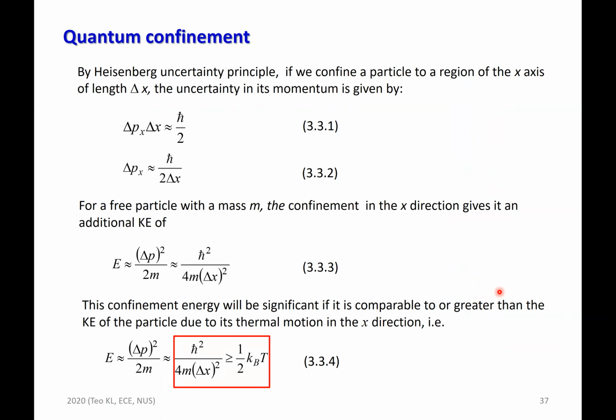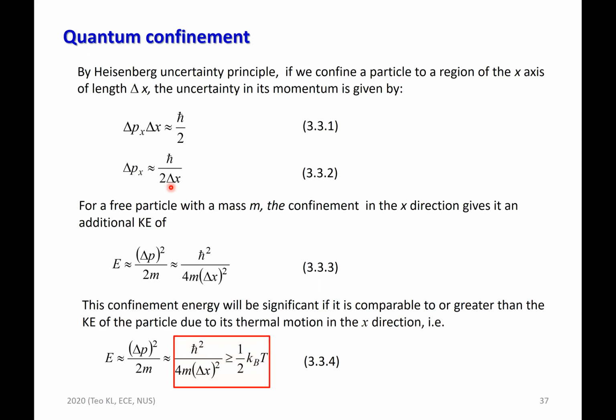By the Heisenberg uncertainty principle, if we confine a particle in a region of the x-axis of length delta x, the uncertainty in its momentum is given by delta p_x delta x approximately h bar over 2, where h bar is h over 2 pi and h is the Planck constant. The subscript x denotes the momentum in the x direction. If we rewrite the momentum in terms of delta x, it will be h bar over 2 delta x.